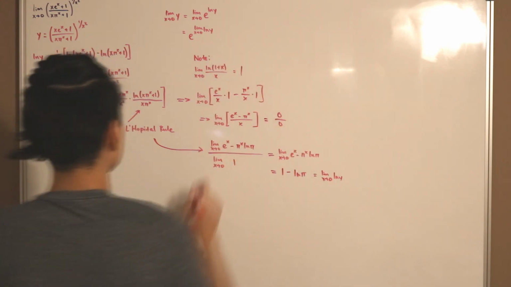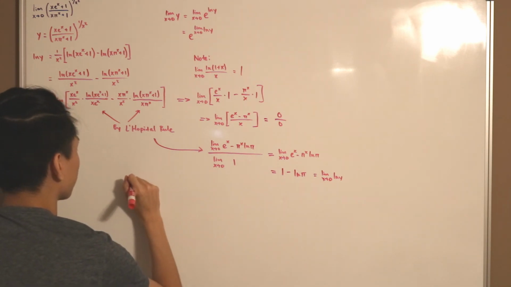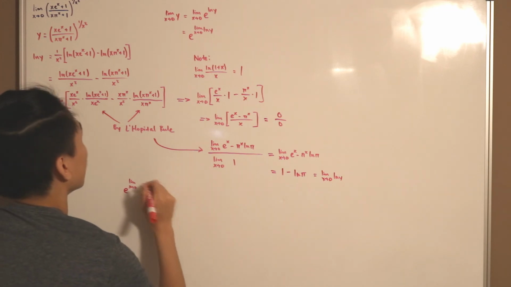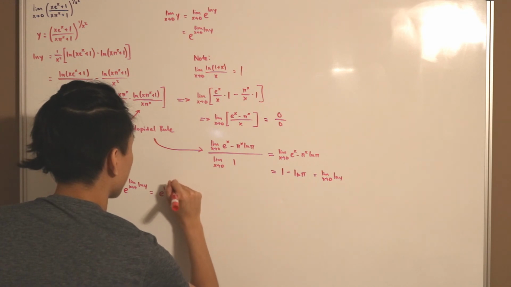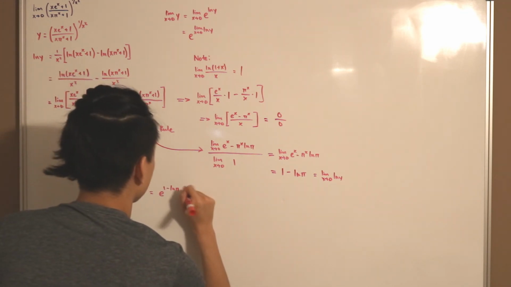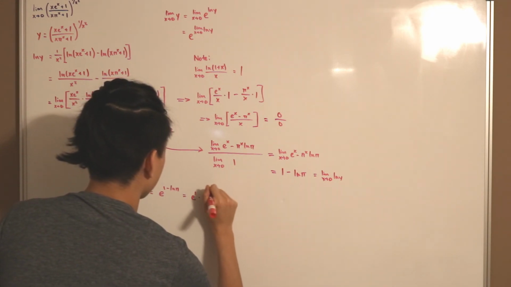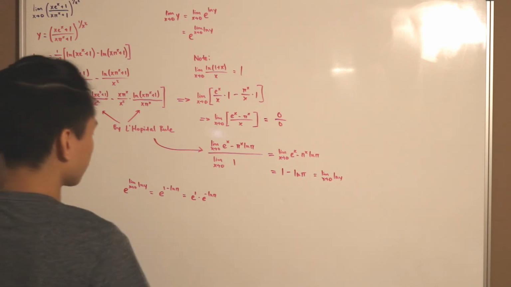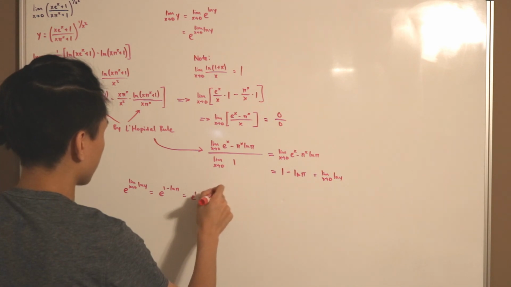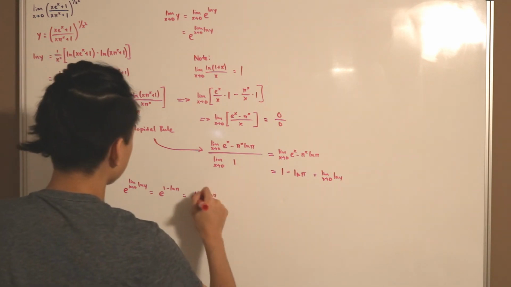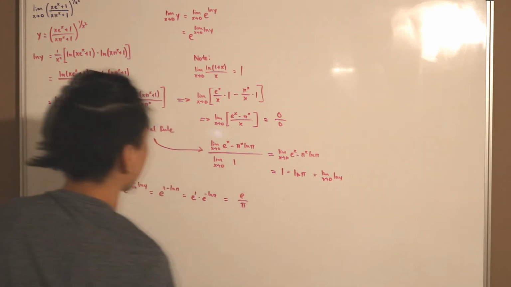So this means it's just e raised to the, let me actually rewrite this, ln of y equal to e to the 1 minus ln of pi, which is the same thing as, we can separate the bases, e to the 1 multiplied by e to the negative ln of pi. Move the negative as an exponent, so pi raised to the negative 1, e to the ln, they cancel, so this is simply e over pi, like so.